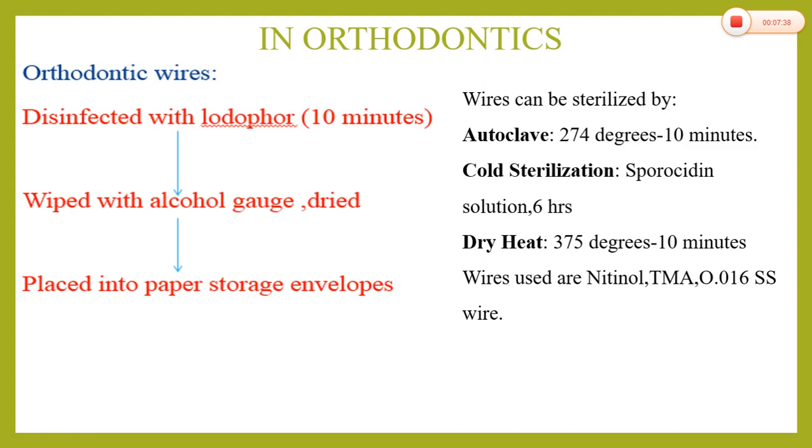Wires used in dry heat are nitinol, TMA and 0.016 gauge wire, stainless steel gauged wire. The orthodontic wires are disinfected with iodophor for 10 minutes. Then they are wiped with alcohol gauze and then they are dried. Then they are placed into paper storage envelopes.